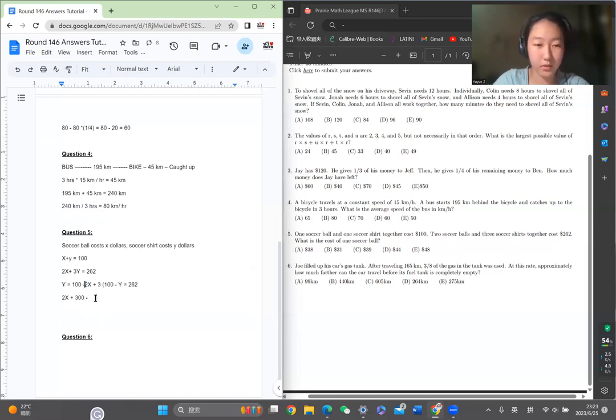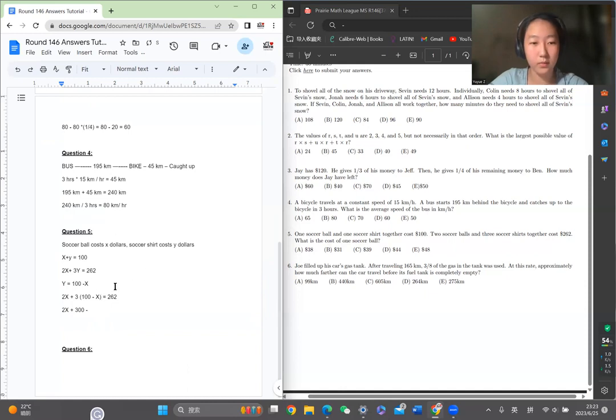We should be substituting Y with 100 minus X. So let's move this over again. Because we only need to solve for X, we're having Y equal an expression in X, so that we can get rid of the Y in this equation and solve for X directly. That was a mistake on my part right there.